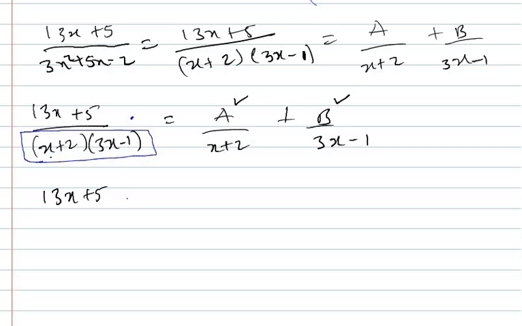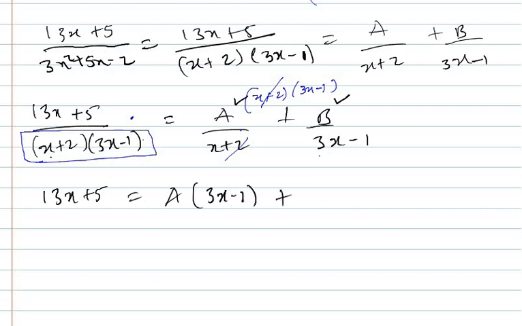And then if I multiply all this through by (x + 2)(3x - 1), this one goes with this one, then I will be left with A into (3x - 1).